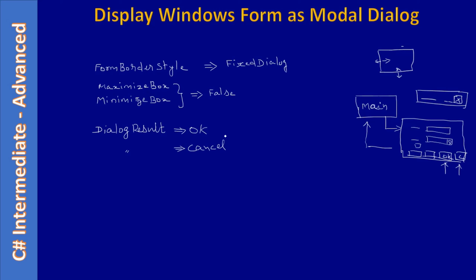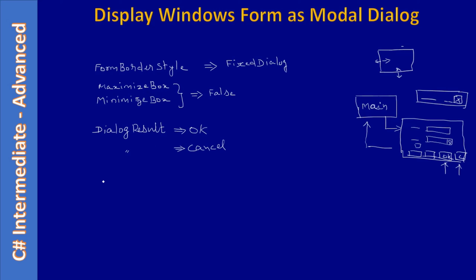So once we set OK to this OK button, that means when the user clicks the OK button and the dialog closes, it will return DialogResult as OK to the main form. When the user clicks cancel, it will return DialogResult as cancel to the caller. So that's why, in the modal dialog, this is the form and we will change this as a modal dialog. And for the buttons OK and cancel, we access the DialogResult property and assign a specific result that needs to be sent to the caller. So this is one important property.